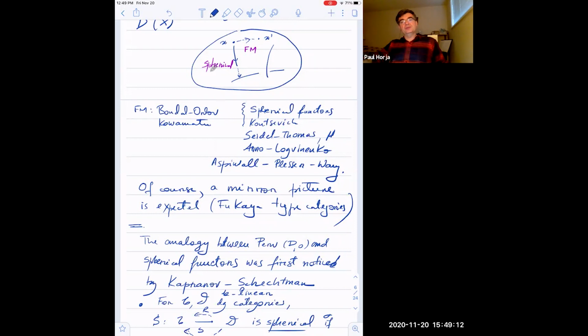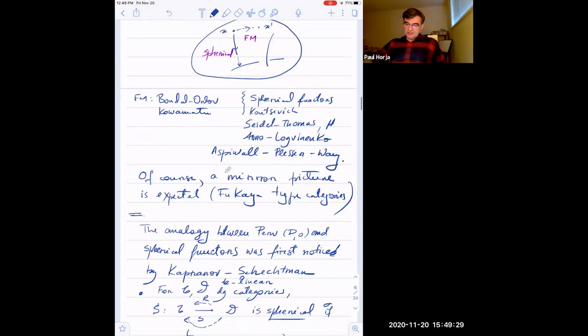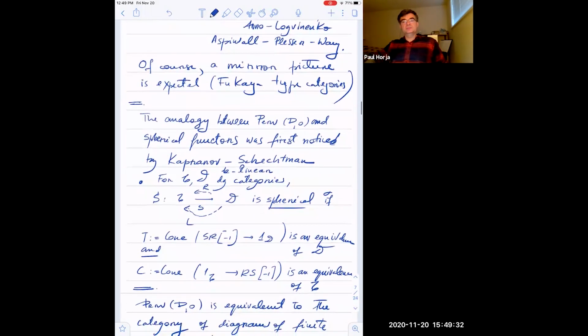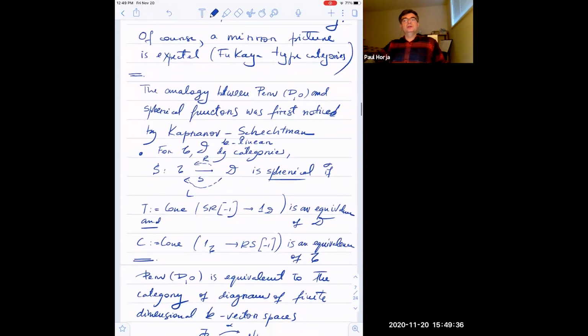And the conjecture that approaching a discriminant locus corresponds to a spherical functor appears in a physics paper by Aspinwall, Plesser, and Wang. And as I said, there should be a mirror picture of this in the Fukaya world.